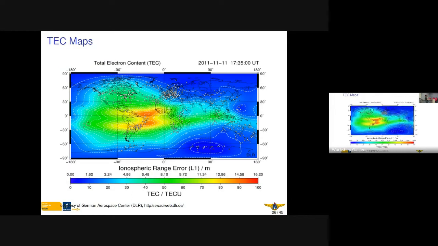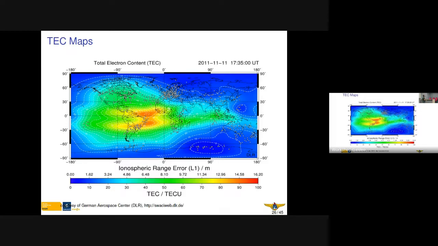Based on this vertical TEC, we can, for example, create these kinds of maps, these electron content maps. You can find them on several web pages. I took here the TEC map from the German Aerospace Center. There is the swaciweb.dlr.de web page, and DLR is providing these global TEC maps on a daily basis.